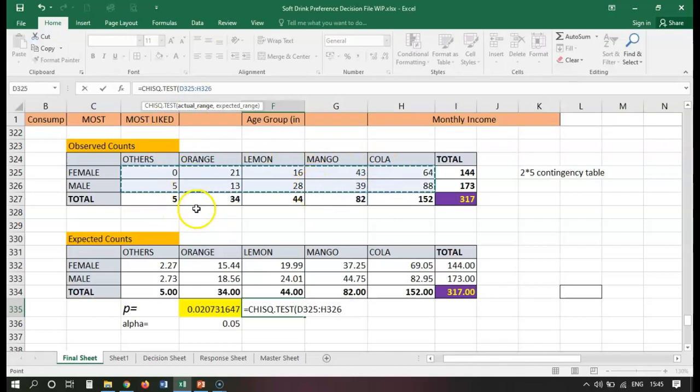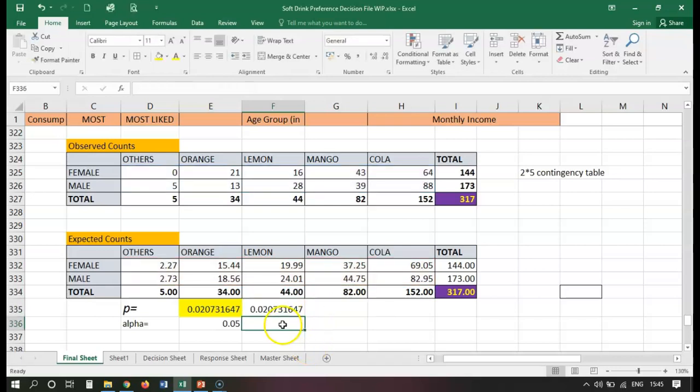Make sure that you do not select the total columns, only the internal cells. Once you select the actual range, you give a comma. Then you select the corresponding expected cells. I have selected all these expected cells and closed the formula. So I enter it, and then we get this p-value.